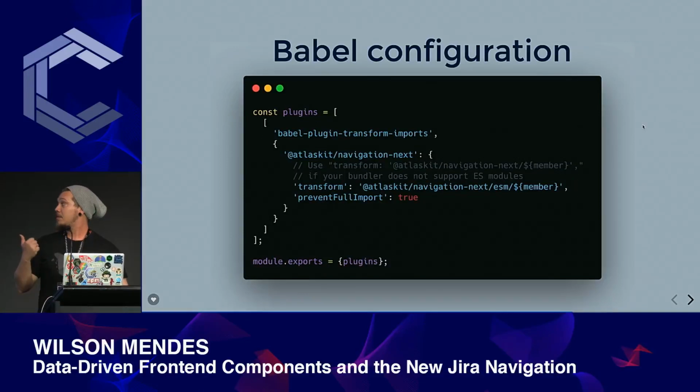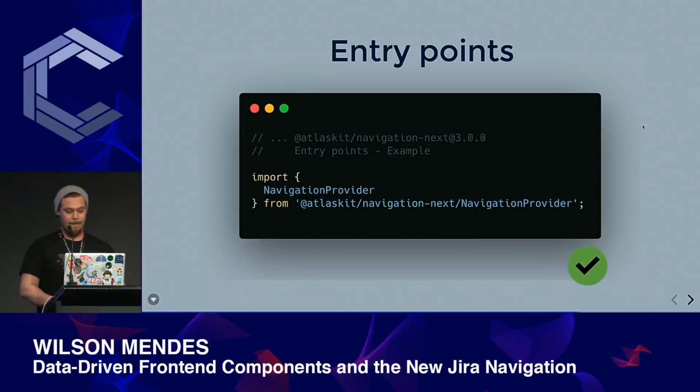As an example here, I configured a plugin for Navigation Next, and every time that we call Navigation Next /some component, it goes to the folder called ESM. And for the users, that's the way they're using it. So it's quite straightforward. They don't need to know the internals. They shouldn't. We don't need to deal with a lot of internal logic on how to do this. Makes things way cleaner.